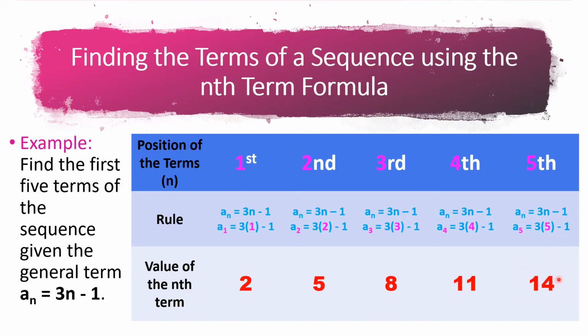So 14 is the value of the fifth term, or a sub 5. Now, the first 5 terms of this sequence are 2, 5, 8, 11, and 14. So that is how you are going to find the terms of a sequence using the nth term formula.